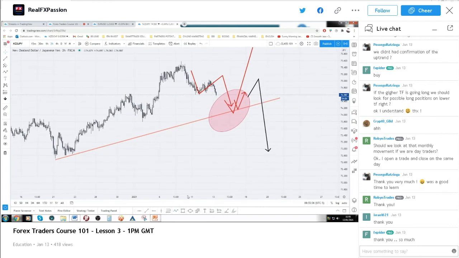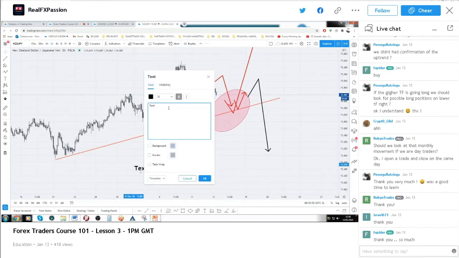Everybody, this is one of the most important trading concepts that you're going to learn. It doesn't matter if you are a swing trader, scalper, or intraday trader, it says that the higher time frame controls price direction of the smaller time frames.